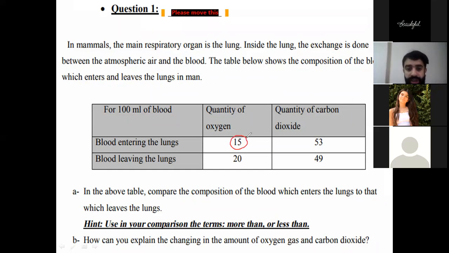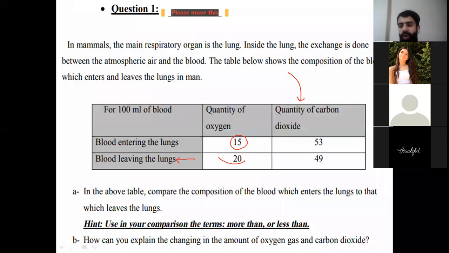Excellent. Which is less than the quantity of oxygen in the blood leaving the lungs, which is 20 milliliter. Very good. Excellent. That's it. Thank you, Zahra. Let's move to the comparison for the carbon dioxide.